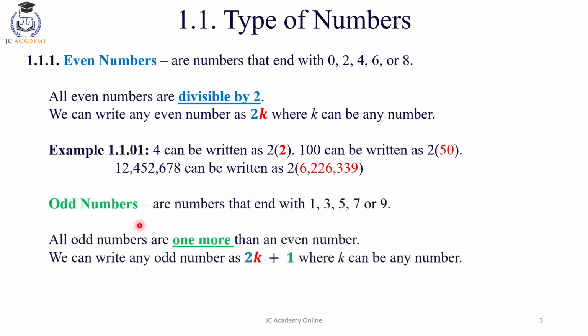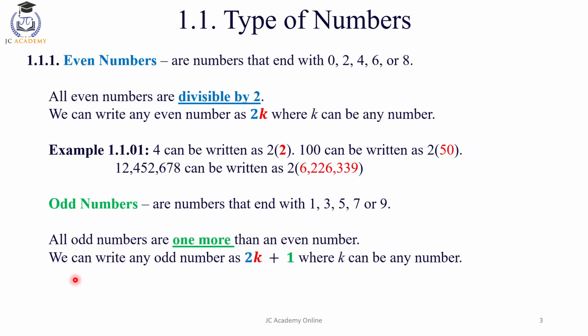Then we have odd numbers. Odd numbers are numbers that end with the digits 1, 3, 5, 7, or 9. All odd numbers are one more than an even number.